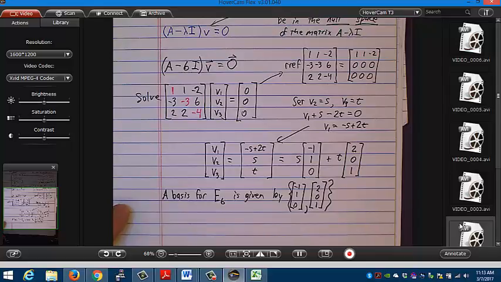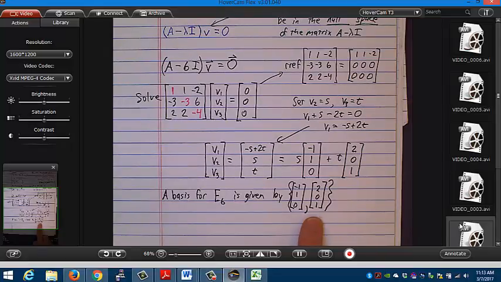So that's kind of interesting, I think. What dimension is this subspace, this eigenspace? The word dimension, what does that mean again? 2. It's two-dimensional. It's the size of the basis, right?